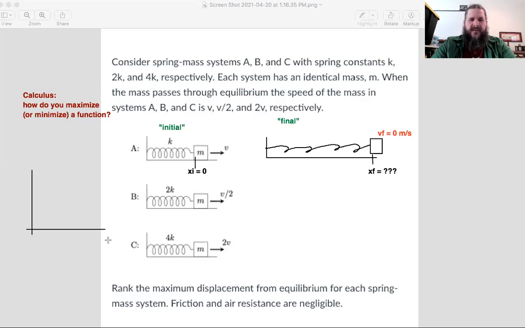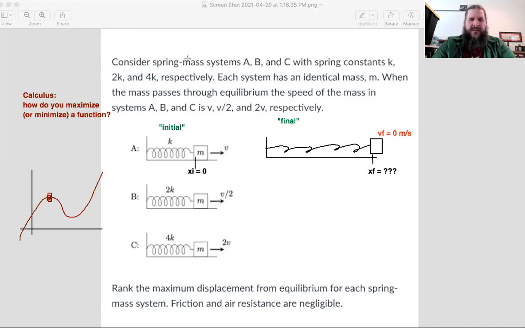Like if you just got some function, and you want to find its maximum value, what's important about the derivative at that maximum value? What's the slope at that point? Yeah, the slope is 0.